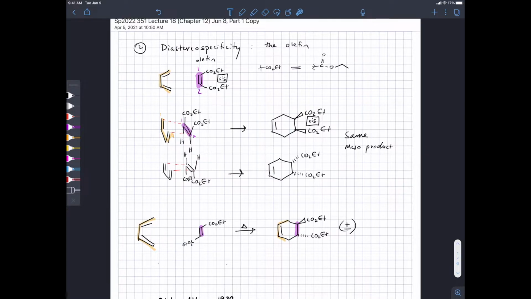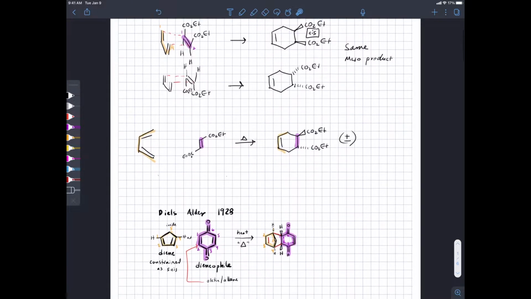However, notice that the stereochemistry of the olefin, cis versus trans, influences which diastereomer we get in terms of the product. If we use the cis diastereomer of the olefin, we get the cis diastereomer of the cyclohexene product. If we use the trans diastereomer of the olefin, we get the trans diastereomer of the cyclohexene product.